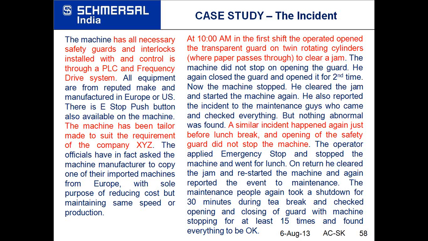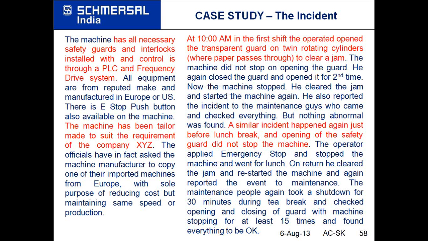A similar incident happened again just before the lunch break, and opening of the safety guard did not stop the machine. So now the operator had to apply emergency stop to stop the machine, and after that he went for lunch.